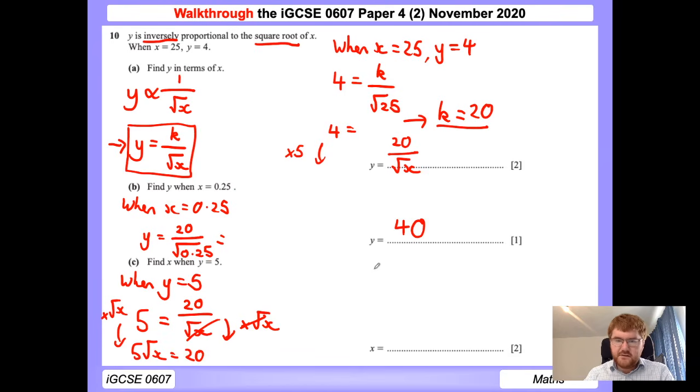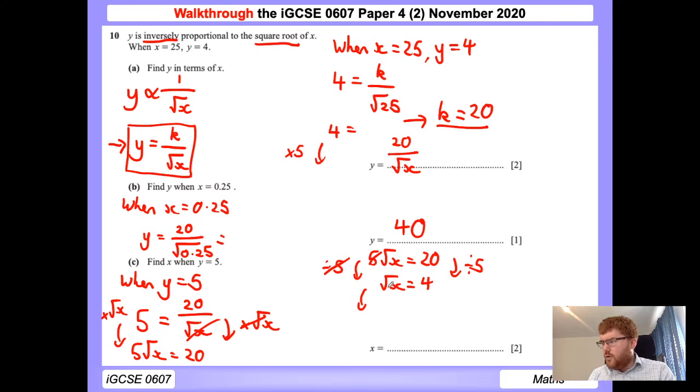I'm going to copy this across over here so I have a bit more space. And we want to get the x on its own, so we divide by 5 on both sides. That gives us then root x is equal to 4. And at this point you can do this mentally, or think to yourself, well, what's the opposite of square rooting? Well, that's squaring both sides. That then gives us the answer of x is 4 squared, which is 16. Again, at any of these points, you can use your calculator to help you work this out.